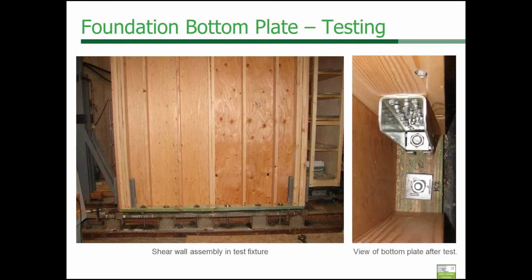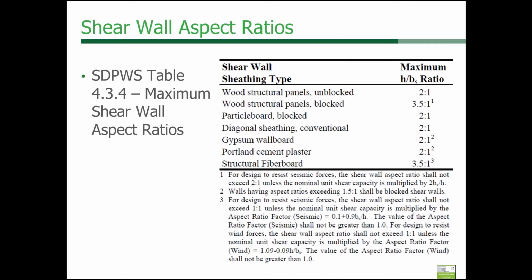And remember, we don't want that type of brittle failure. We want to drive the failure into the nails where we can have a ductile failure rather than a brittle failure that you see at the sill plate or a failure at the hold down. As I mentioned before, the aspect ratio, there is a table that shows you what the required aspect ratio is.